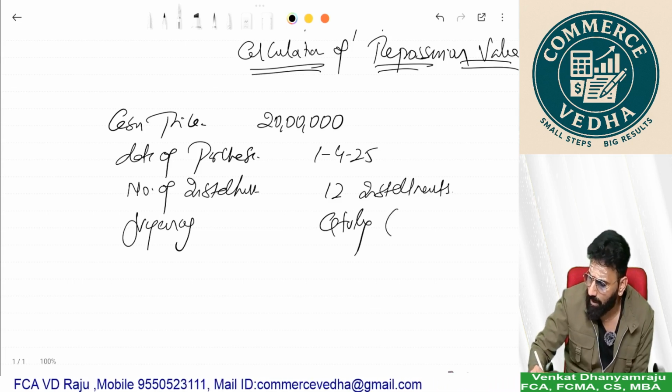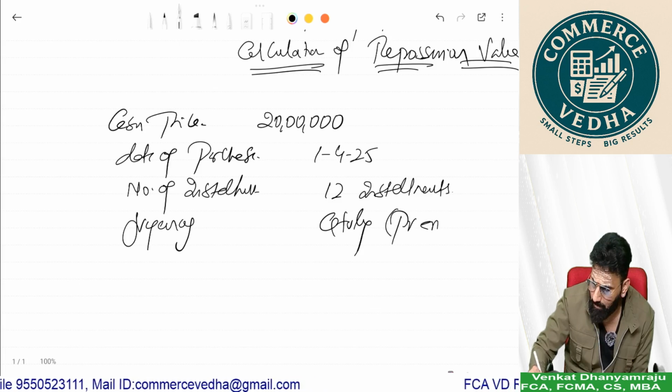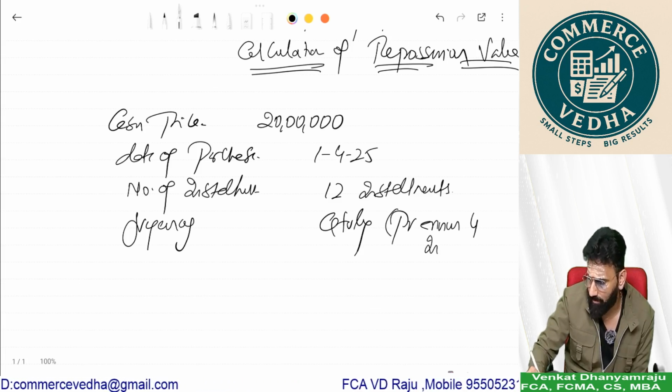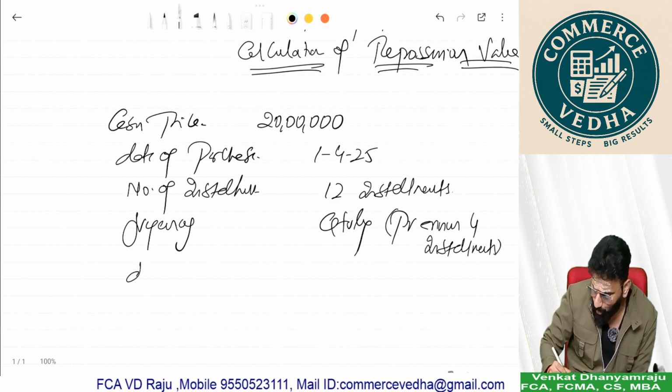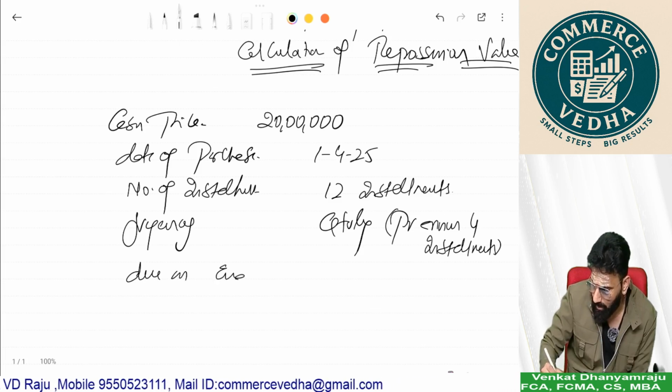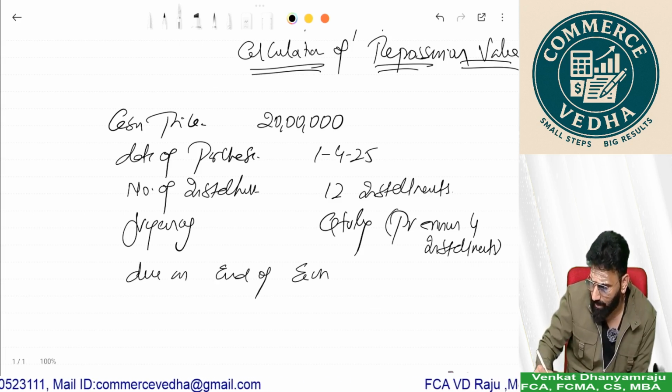It means per annum 4 installments. Due on end of each quarter.